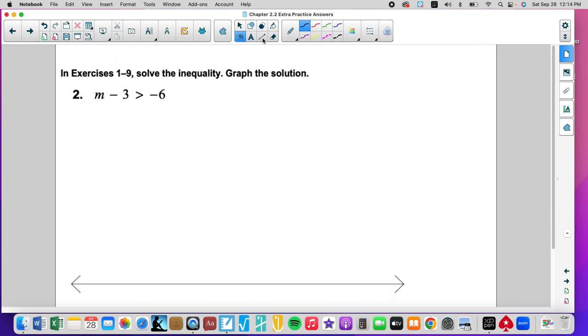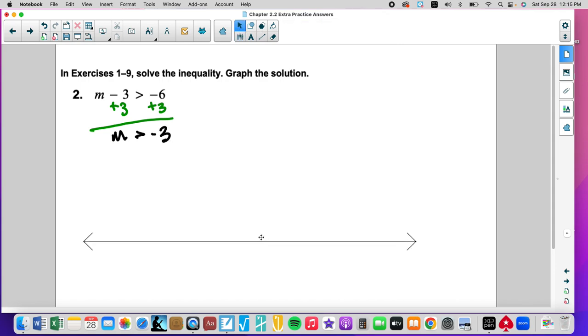Now we will hustle along and do these relatively quickly. We do the inverse, which leaves us with m is greater than -3. This time, notice we don't have the equal sign, so we do 0, I do my border, and then it is going to be an open circle, and my solutions are greater than -3.